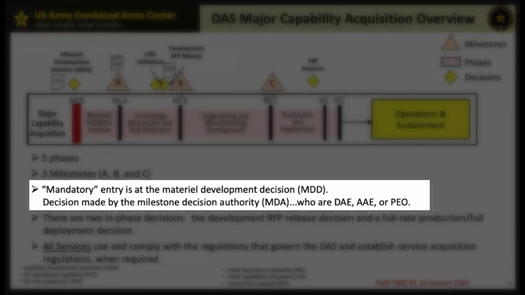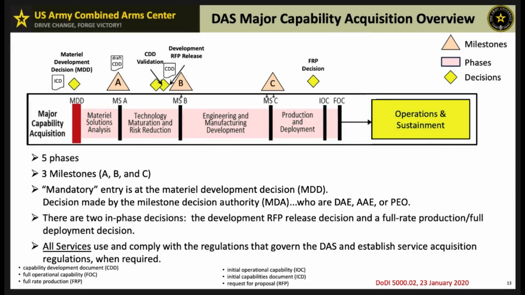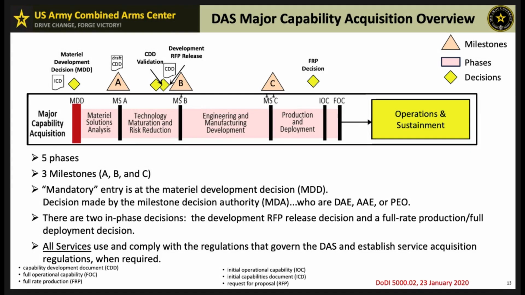The process begins with the Material Development Decision, or MDD, which is mandatory for entry into the acquisition process and is made by the Milestone Decision Authority, the MDA, who's typically the DAE, the Defense Acquisition Executive, AAE, the Army Acquisition Executive, or PEO.